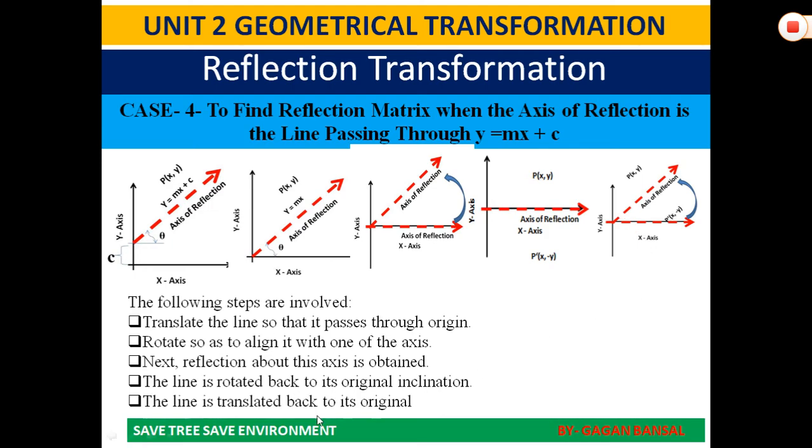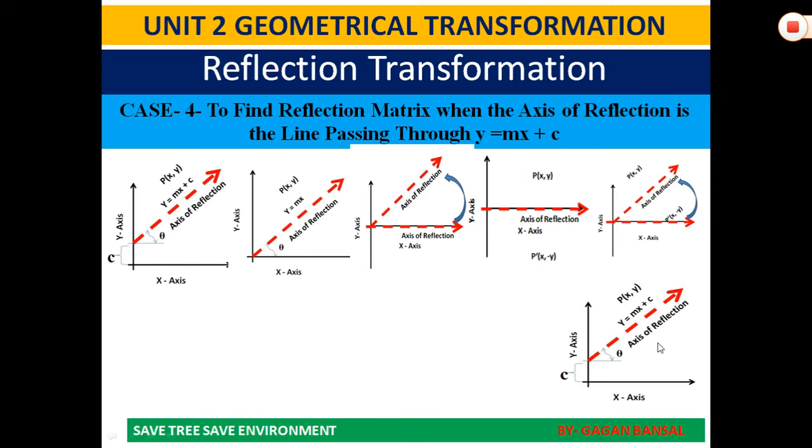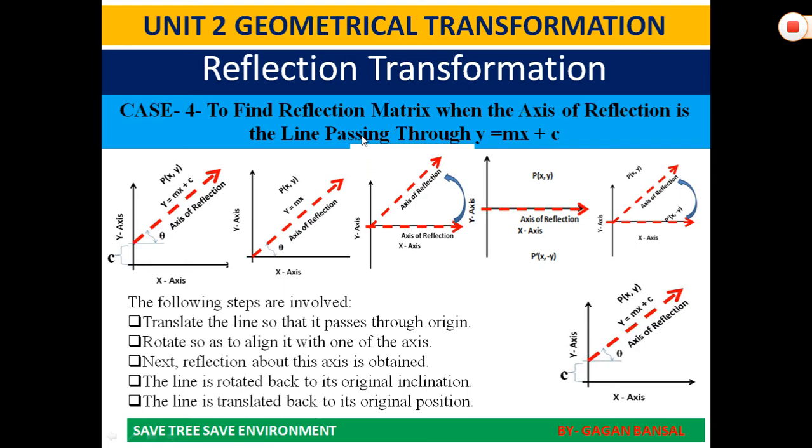Finally the line is translated back to its original position, that is, we perform the translation along the y-axis with translation value equal to positive C. This way we can perform the reflection transformation along a line having equation y equals mx plus c. Hope it is very clear. Again I am repeating very fast.